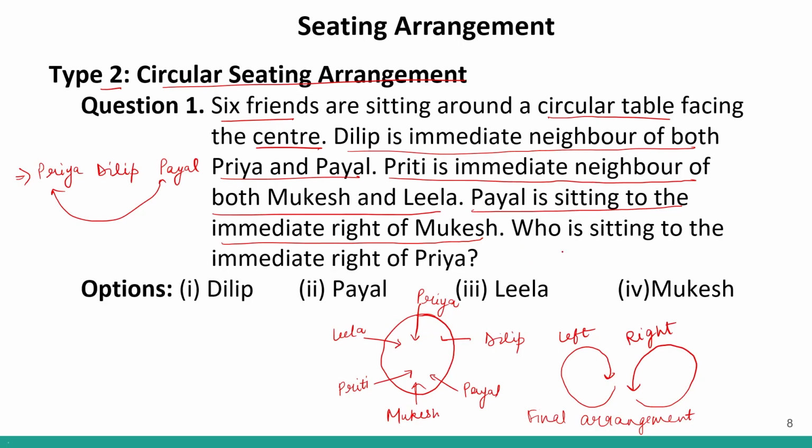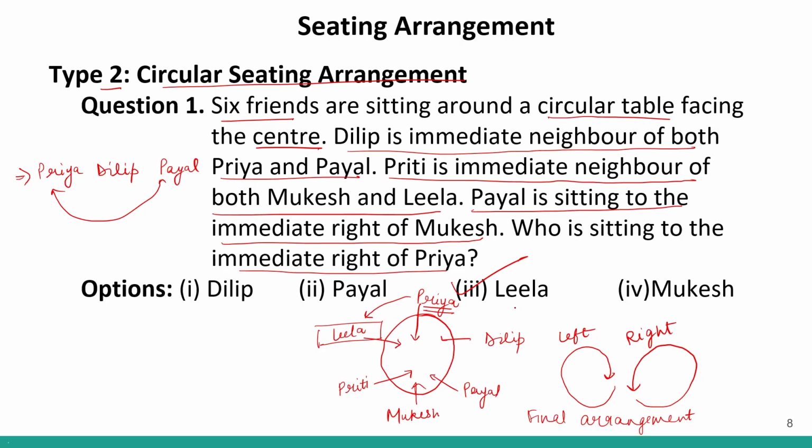The question asks who is sitting to the immediate right of Priya. So Priya is where? Priya is over here. Immediate right means in the anti-clockwise direction. Immediate right in this direction will be Leela. So my answer will be Leela, which is given in option number 3. Okay, clear?